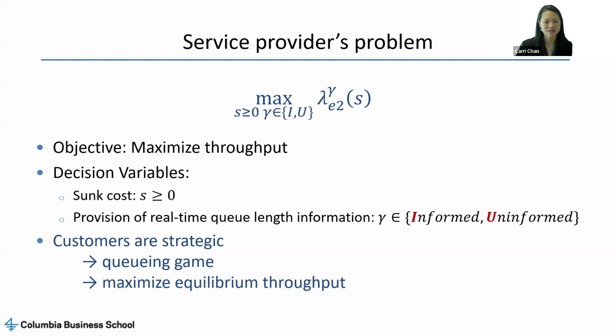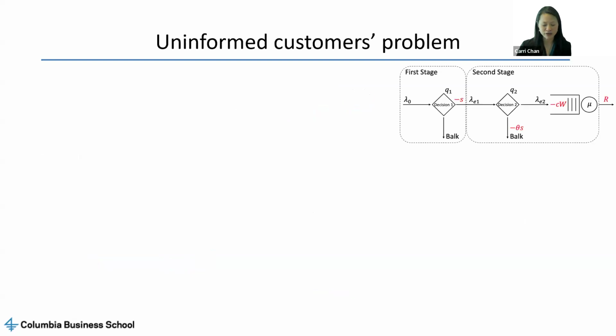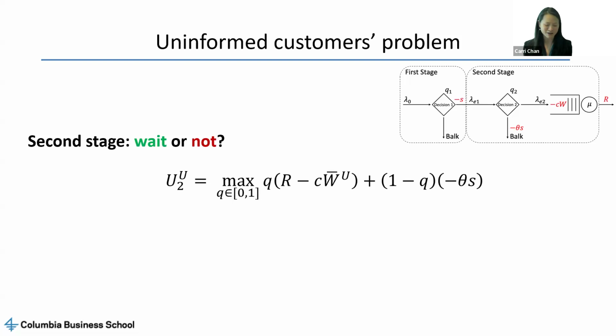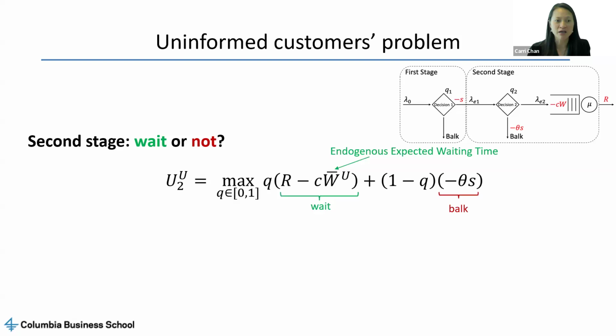All right. So let's start with the uninformed customer's problem. And I'm going to work backwards. So I'm going to start from the second stage. I'm sure you all anticipated this already. The customer is going to make this decision to maximize their utility, where they are making this decision: should they join the system?